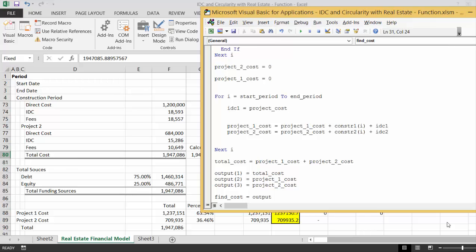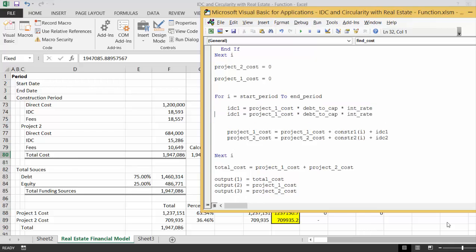Okay, project cost 1 times the debt to capital ratio times the interest rate. And project cost 2, IDC 2. So this is the opening balance of the balance.